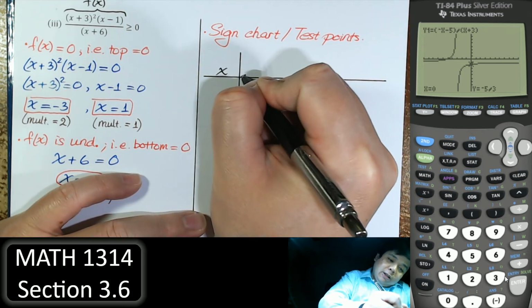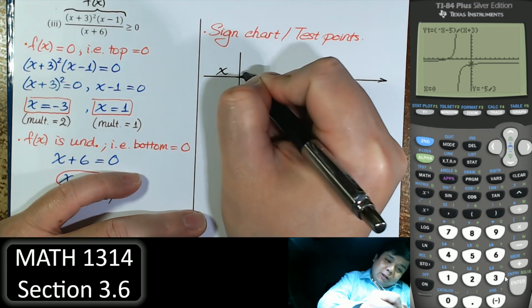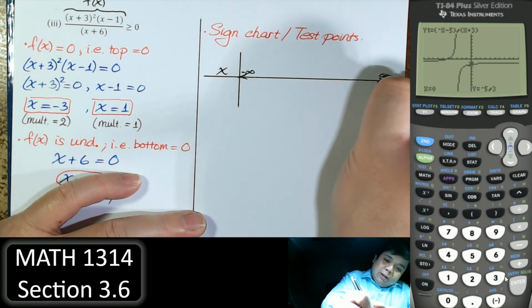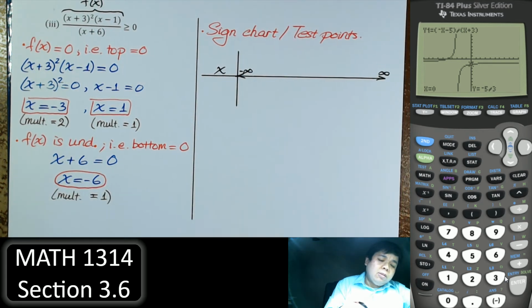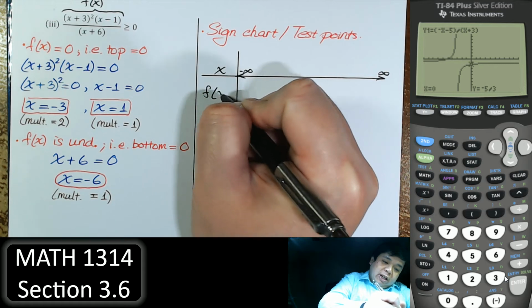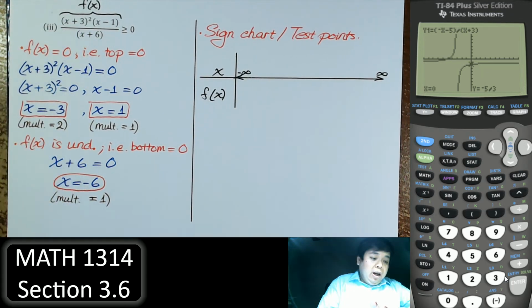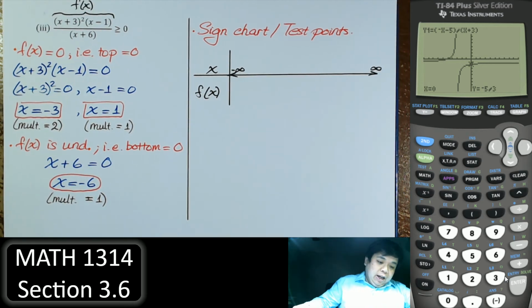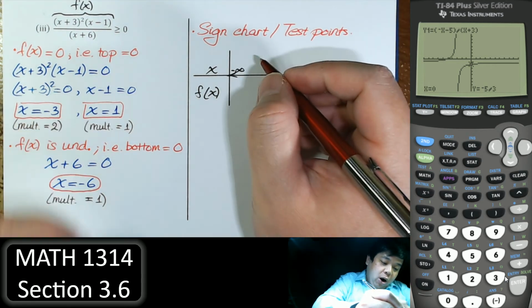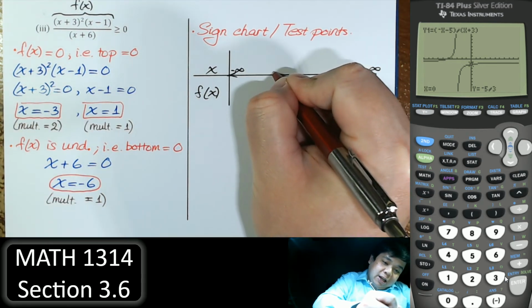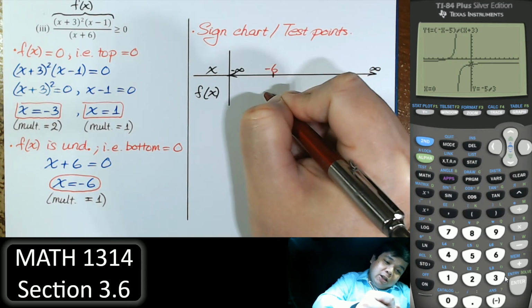Right, I just have the function here. That is the function f of x. Now the points -3, 1 and -6. At -6 the function is undefined.